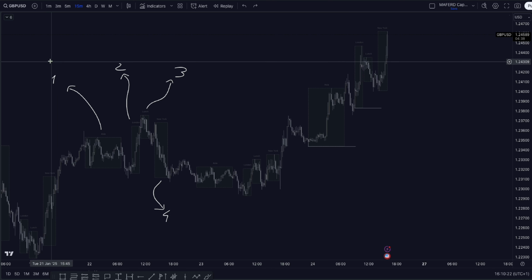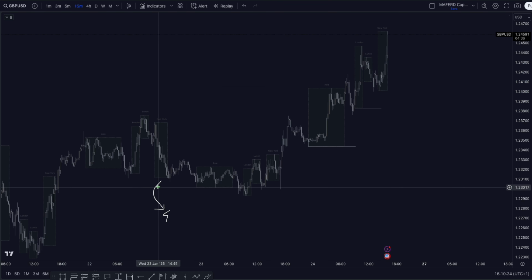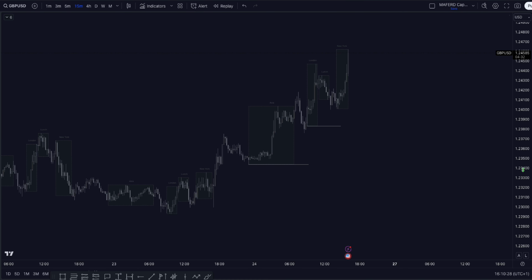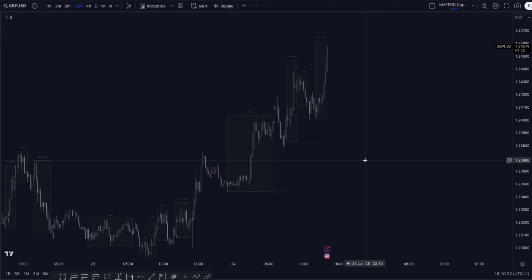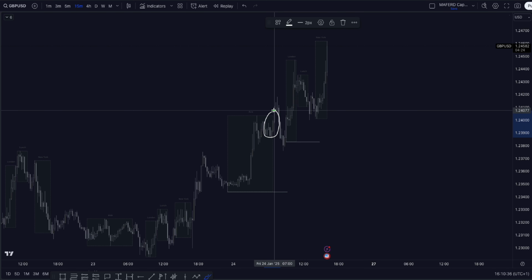So let me just clear up the chart over here, because I would like to explain these details, which are very crucial for my trading. When I usually start my day, it is around this time, during the end of the Asia session.